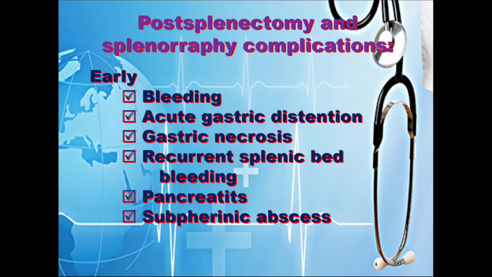Gastric necrosis, the same situation. Recurrent splenic bed bleeding is due to not reliable arresting of bleeding. Nowadays, in our clinic and university, we use the LigaSure device, and the bleeding in many cases doesn't occur, even after big operations.